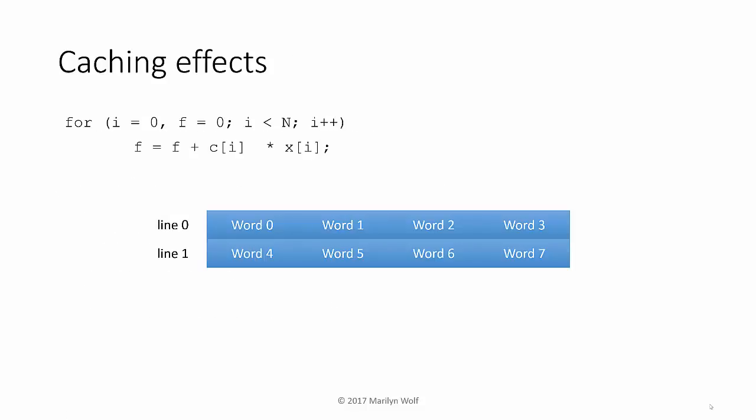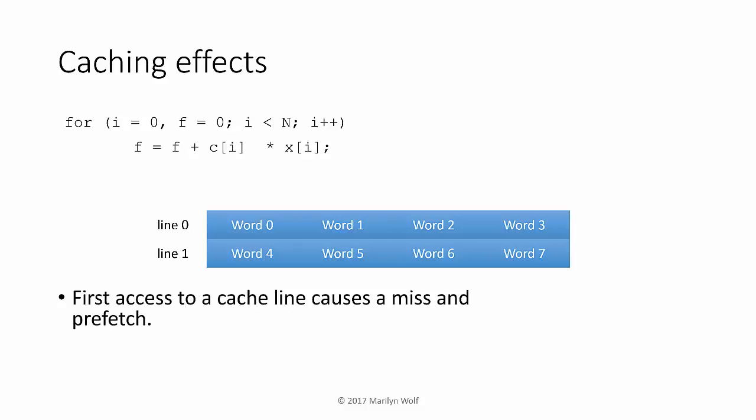Caches are an important source of timing variations in embedded systems. Here's a simple loop in a cache in which we have 4 words per line in the cache. The first access to a cache line during the execution of the loop causes a miss and a prefetch that fills in not only the word that we need, but also later words.